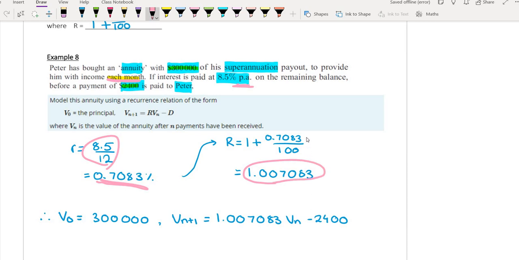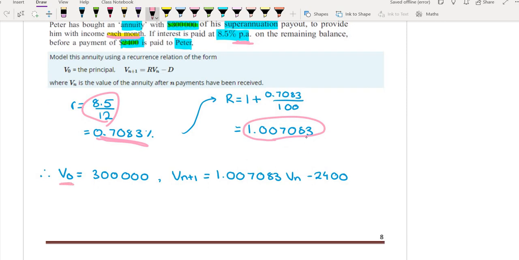So our recurrence relation is going to look like: starting value of this much, V(n+1) is the interest rate in decimals times the value, minus the amount that Peter's getting from this investment, or this superannuation.